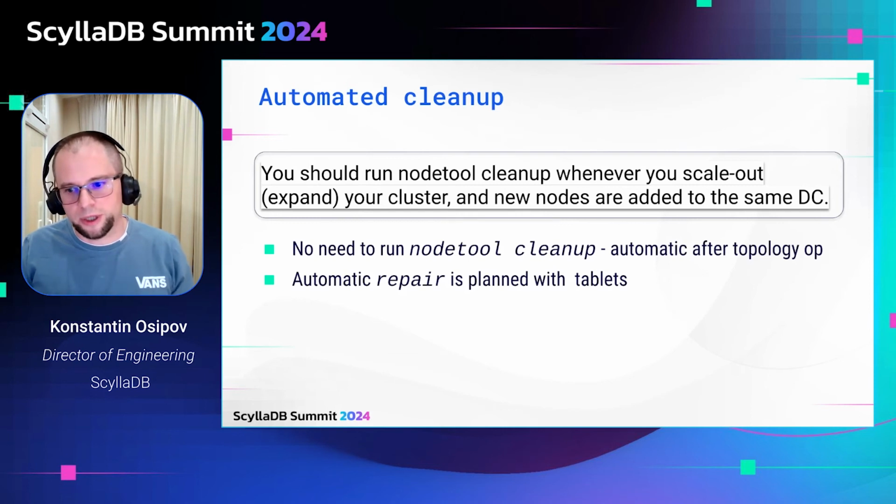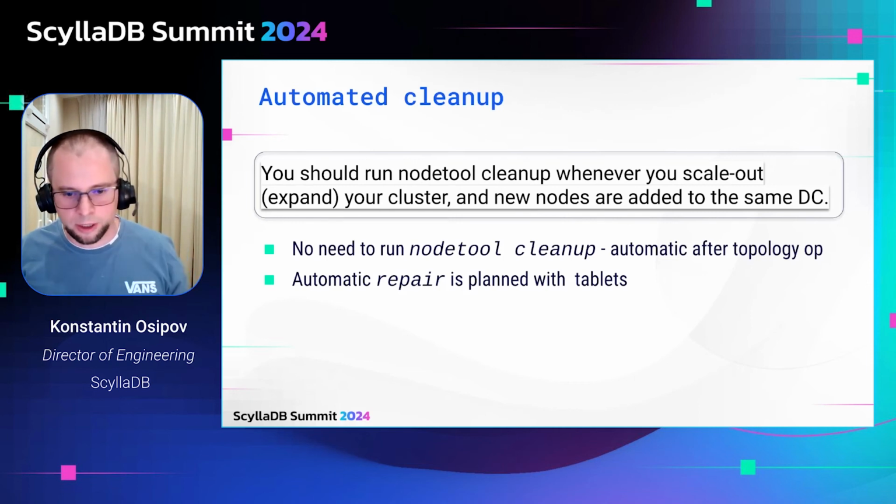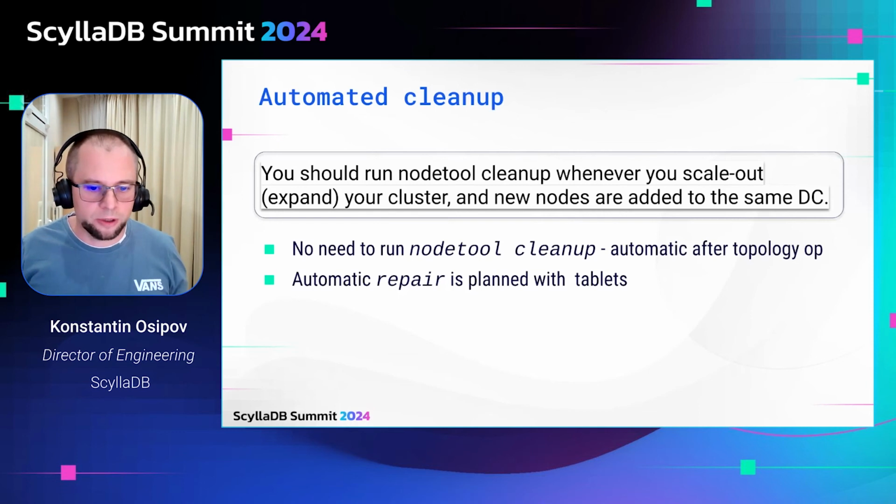It is possible that the node which contains the old ranges would incorrectly serve queries that allow updates to these ranges, and in the end, the user will get the wrong data. So you do need to do cleanup if you plan to perform subsequent nodetool operations, and this is requested in our manual. Now we automate this process, do this internally for you, so you no longer need to worry about it.